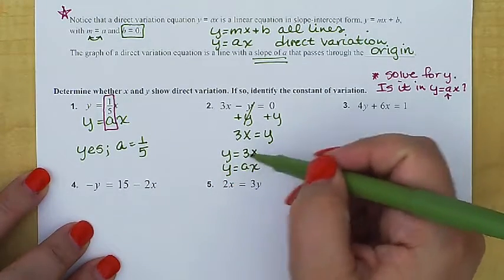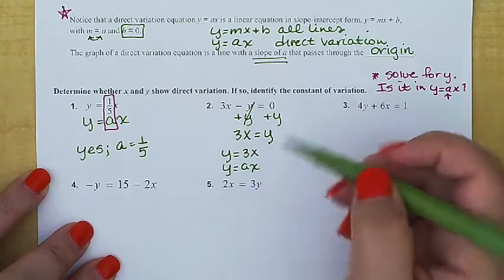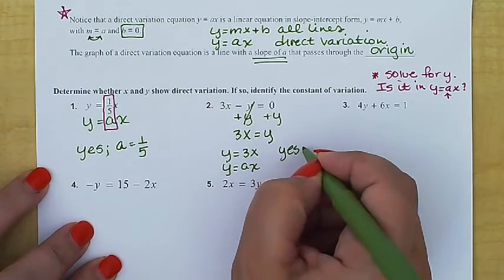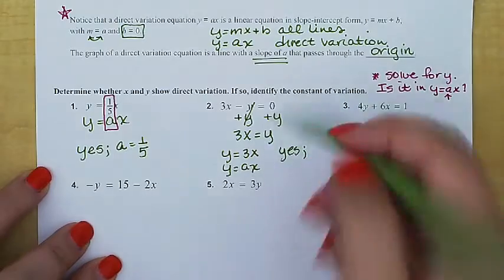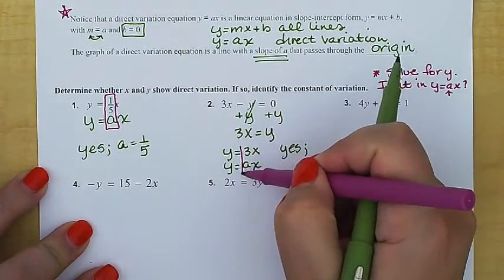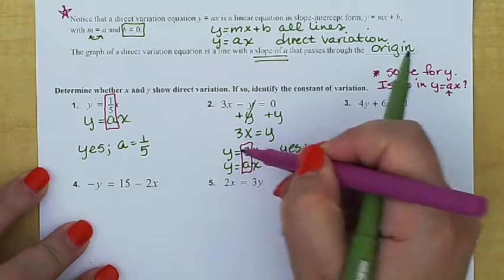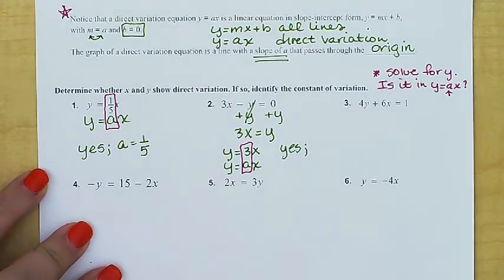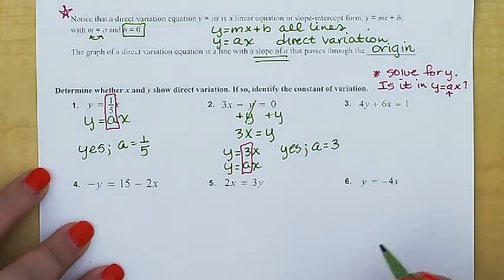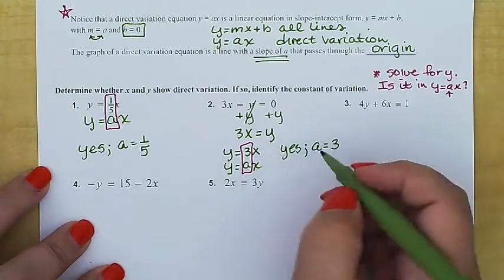But after rotating it around, I can see now, yep, it does have that format. So the answer here, once again, is yes, this is direct variation. And once again, the constant of variation is going to be that coefficient that is attached to the x value. So in this case, yes, it's direct variation, and the constant of variation would be 3. That's for number 2.